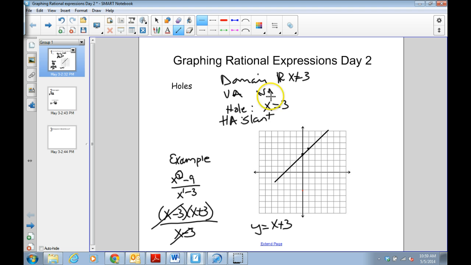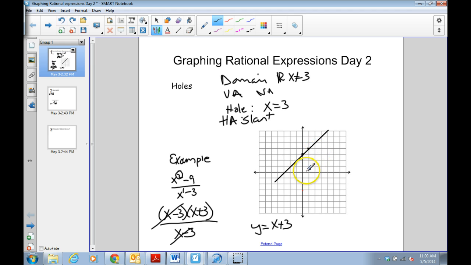Now earlier we said that there's a hole at x equals 3. So what I need to do is move over on the x-axis to the 3 until I cross, and at 3, wherever it crosses the line that we just drew, I can draw an open hole there. Oh wait, I'm sorry, I did it backwards. Undo.